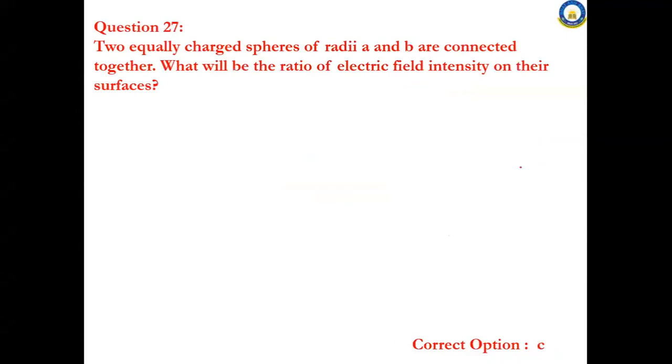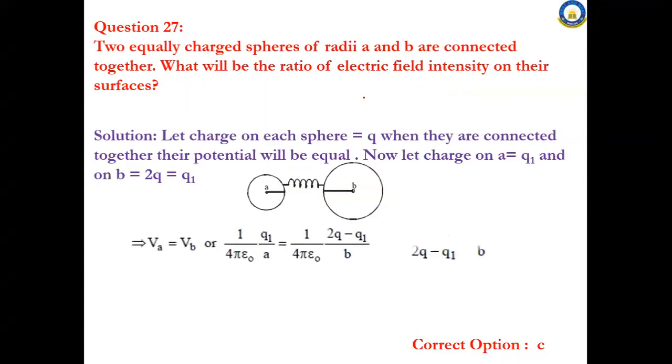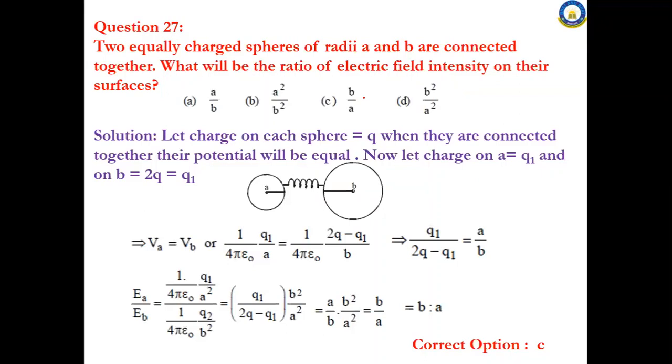Question number 27. Read the question. Two equally charged spheres of radii A and B are connected together. What will be the ratio of electric field intensity on their surfaces? See, the options are like this. So this is the diagram.